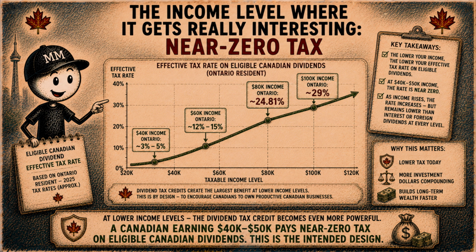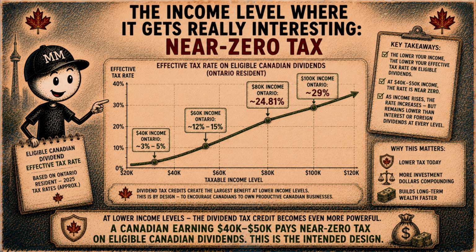The income level where it gets really interesting. At lower income levels, the dividend tax credit becomes even more powerful. A Canadian with $50,000 in employment income in Ontario faces an effective tax rate on eligible dividends of approximately 6% to 8%. And here is the number that surprises almost everyone.